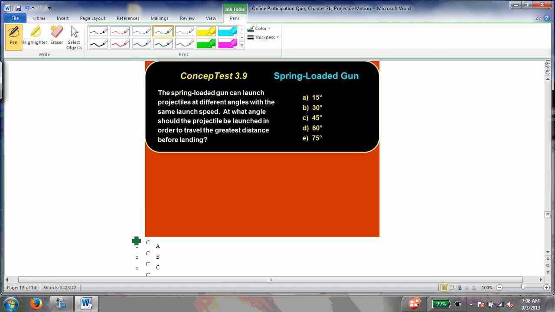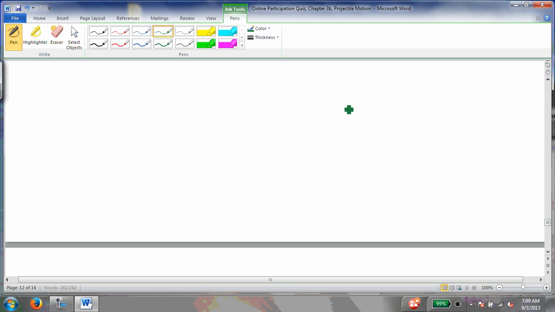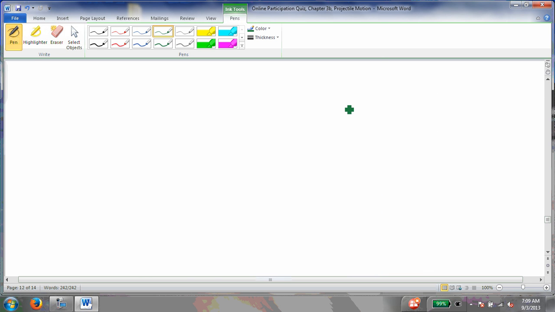Spring-loaded gun can launch projectiles at different angles. What angle should the projectile be launched in order to travel the greatest distance? We talked about this. It's 45 degrees. Let's go back up to this, actually. So there are a whole range of angles. This is 45 degrees. It's going to give you that path.